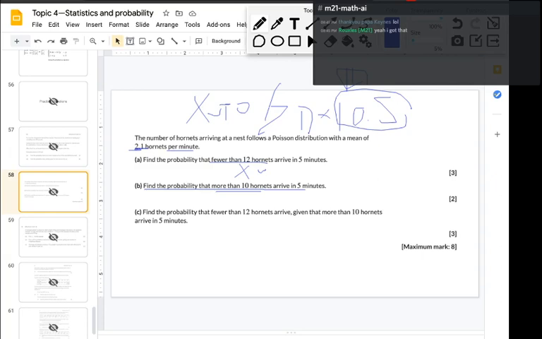Okay, the next: find the probability that fewer than 12 hornets arrive, given that more than 10 hornets arrive in 5 minutes. Try to think of this in a probability sense.